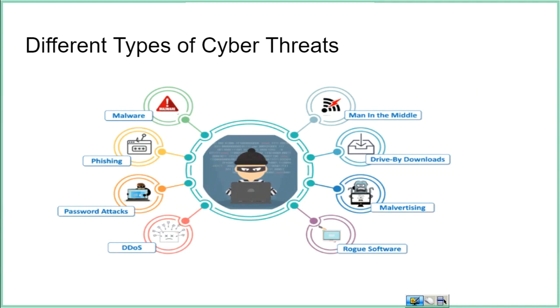Another is phishing attacks, and another is password attacks. Malware is predominantly small executable files that are used to steal or damage your machine or system, and the intention is to steal the data.